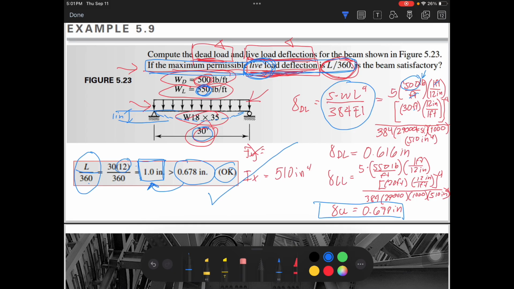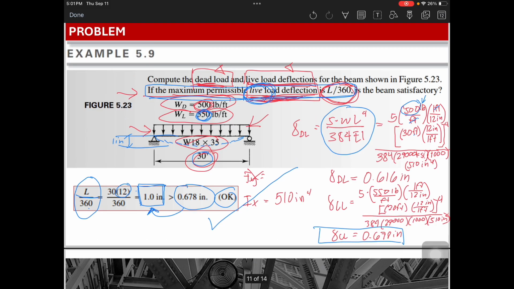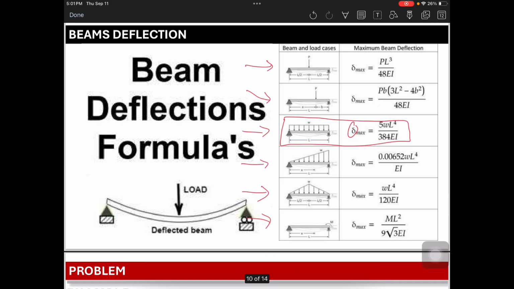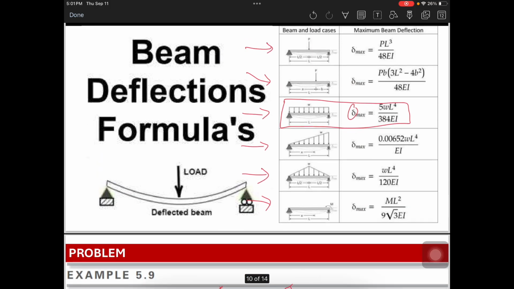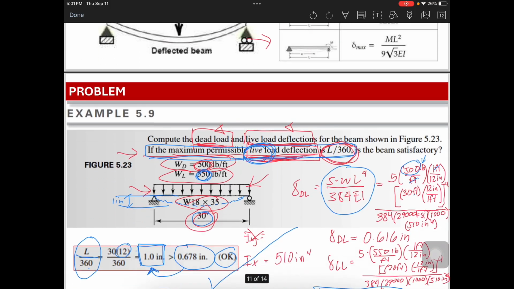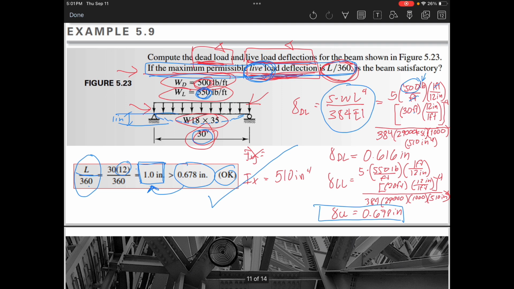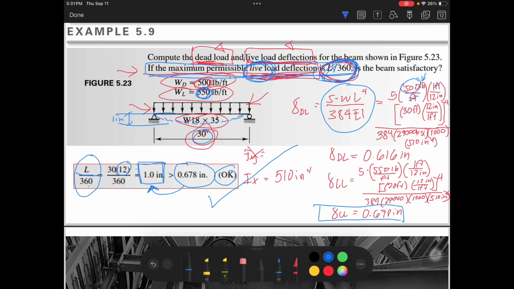So, ganun lang si deflection. You just get yung maximum deflection given sa table, and then i-compare mo dun sa limit na ibibigay ng problem.